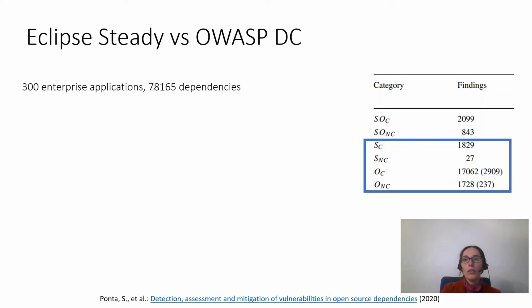In the category column, we have S that stands for Steady, O that stands for OWASP, and then we have the subscripts C and NC, which stand for code and no code. So we distinguish vulnerabilities whose fix requires some code changes from those that do not, because, for example, the fix is just a change in a default configuration.